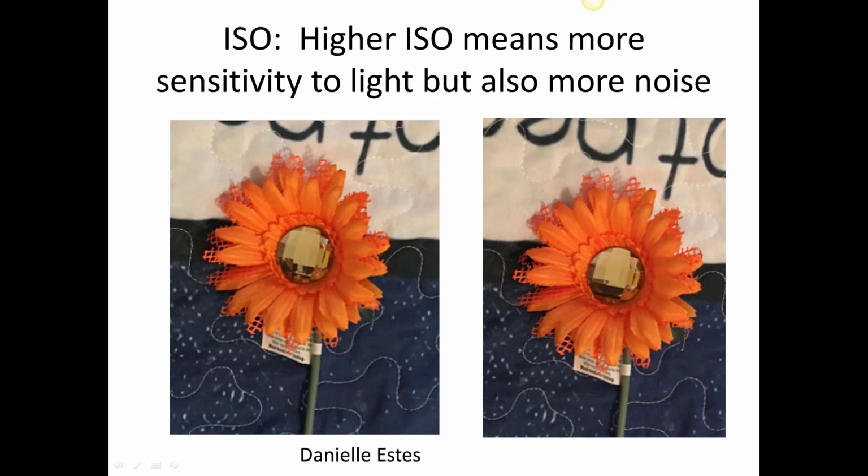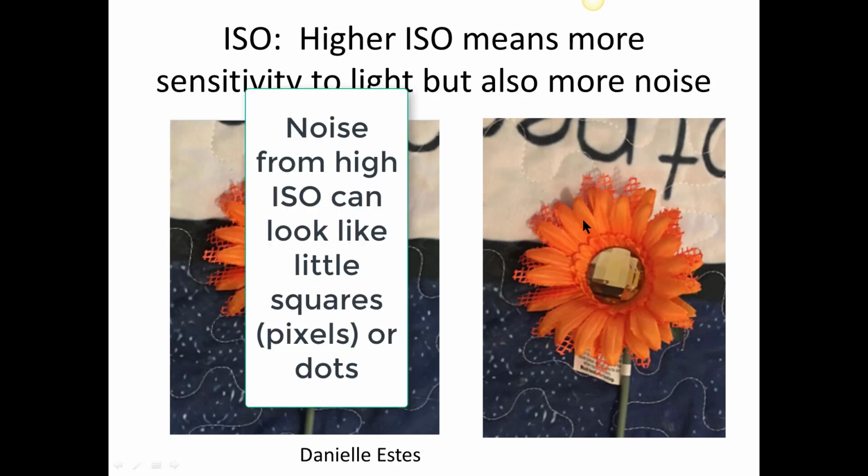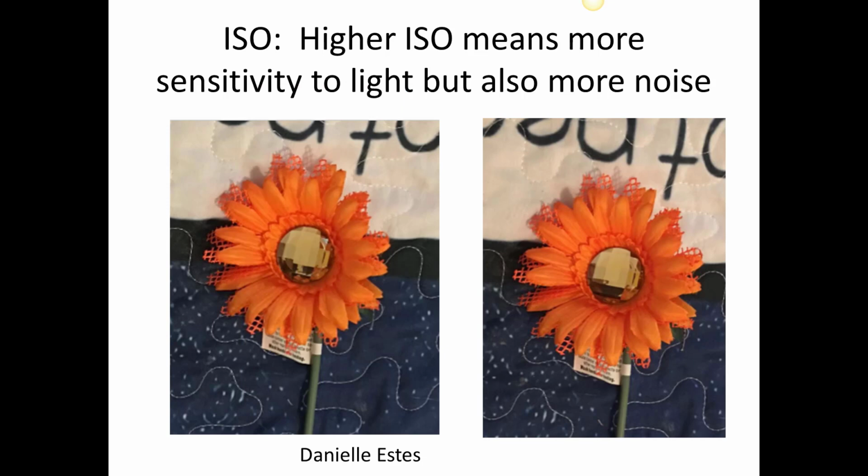And if you were to look in closely, you would see what's called pixelation, and it's little squares, because in computer graphics, really what you get in a camera is essentially a computer graphic. You're going to get those little squares, pixelation, and it's not a desired effect. So you have to make that trade-off. Yes, I'm going to tell my camera we're in a low light situation, but I'll have to live with the noise that it generates.